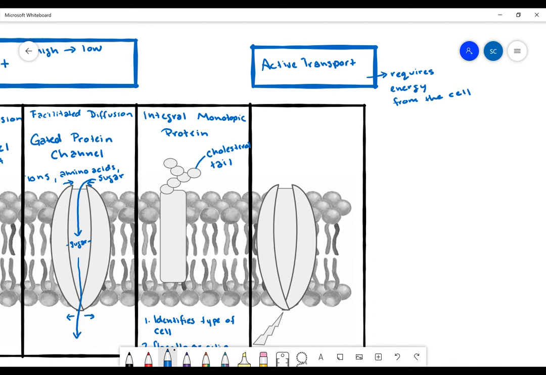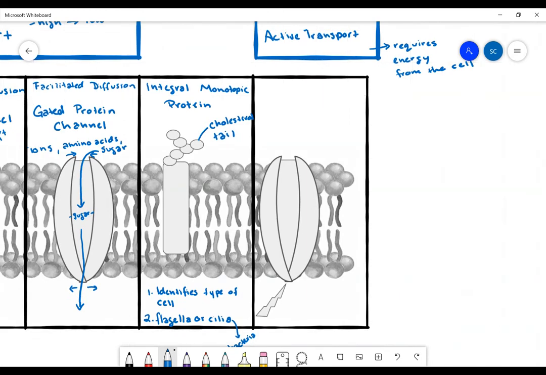And the reason for that is because now you are moving from a low concentration of solute to a high concentration. Okay, so you're moving it against its natural flow.